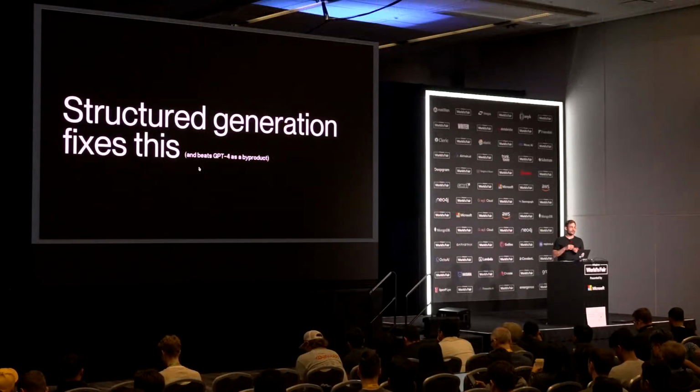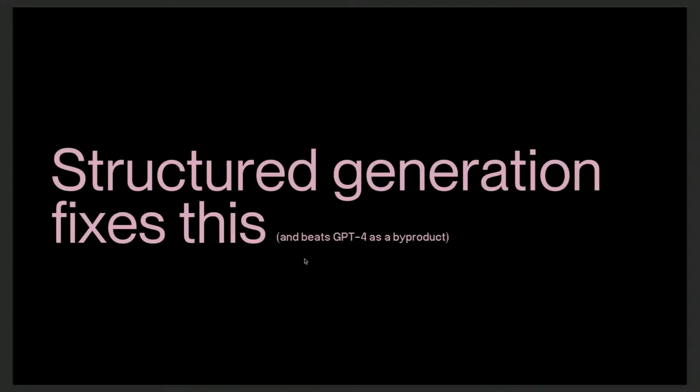In short, the technology for agents is currently not there. So the good news is that structure generation, which is the ability of guiding the model to return a specific structure, actually solves this. What we'll see is that it allows you to beat GPT-4 as a sort of byproduct.